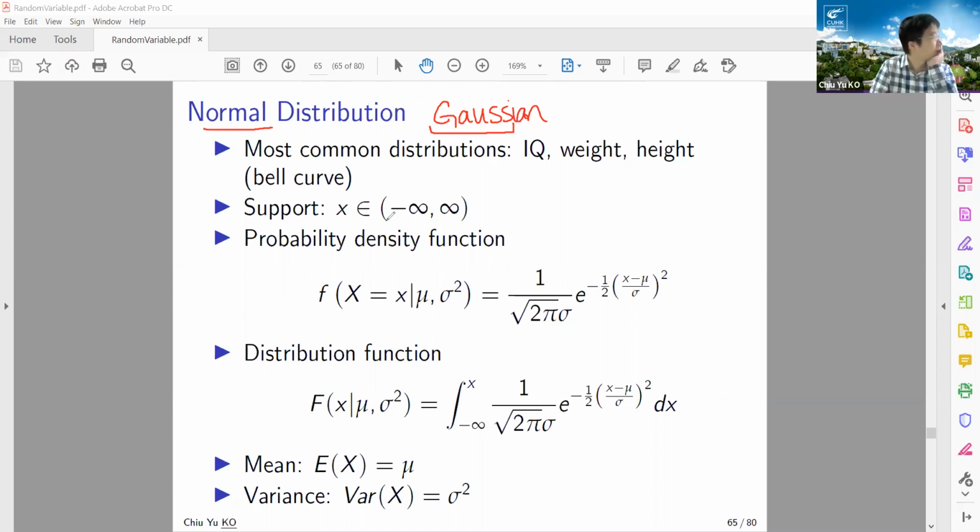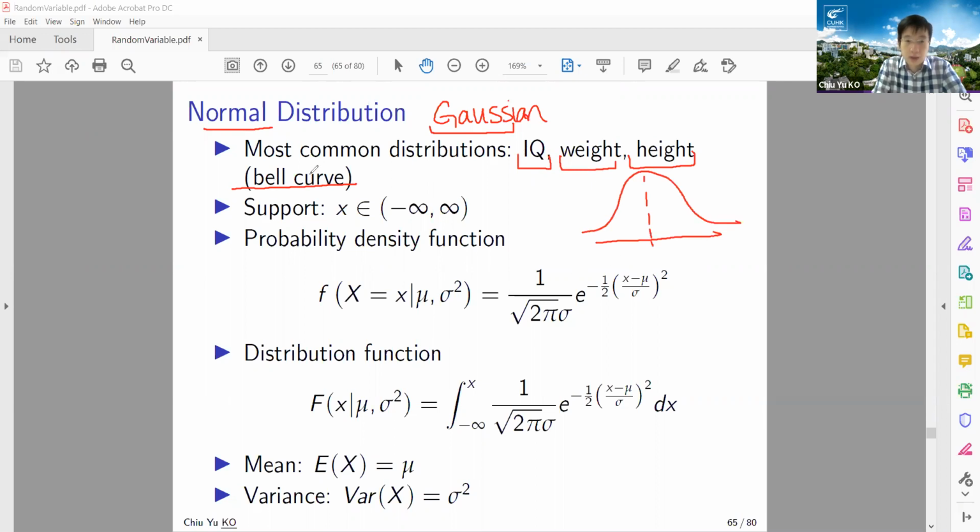If I remember correctly, he did it to estimate the location of comets. But anyway, this is so common. You can see the IQ in the population, the weight, the height, or many things follow the bell curve, right? Something like this. Okay, this is the bell curve.